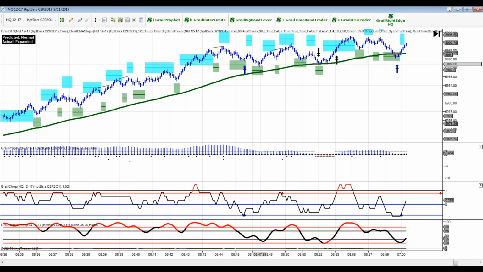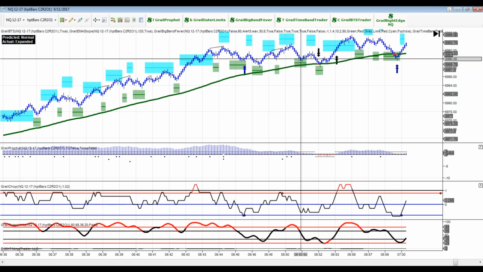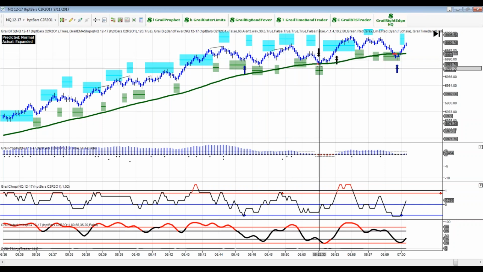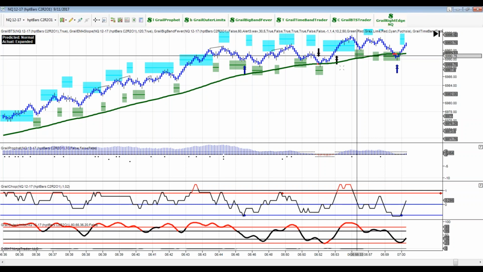We came down to the Grail box, touched it or penetrated, and then reversed up. Same thing happened here, and the same thing happened here. All right, and so again, you can see that these are very good trade setups, even if you don't get the Grail 2 entry.